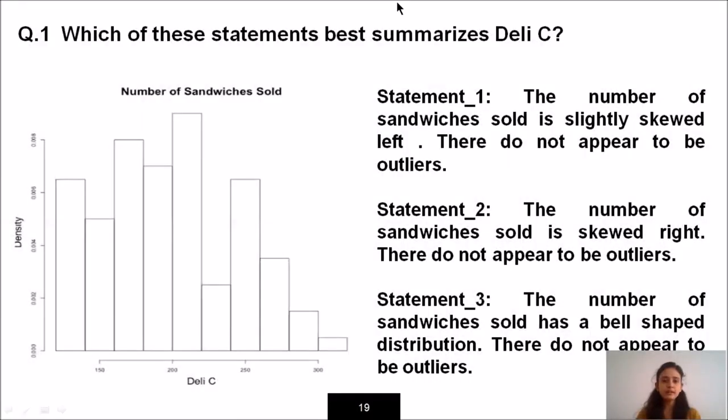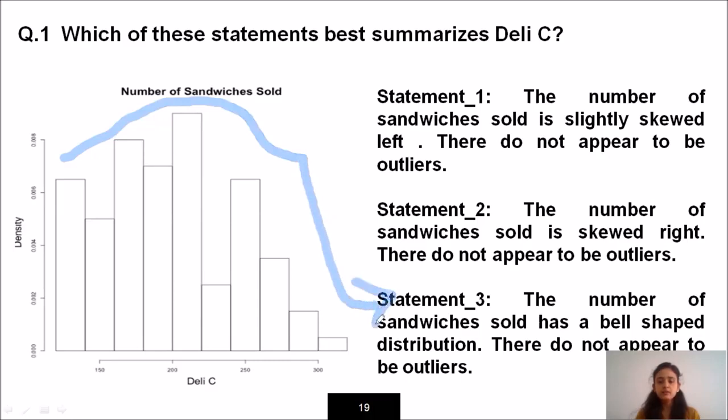Now it is time for the practice quiz related to the histogram. Which of these statements best summarizes the Delhi Sea? This Delhi Sea is my graph name. You can see over here that this graph is not bell shaped. If it were bell shaped, then my curve should be like this, but it is not like that. It is like this.